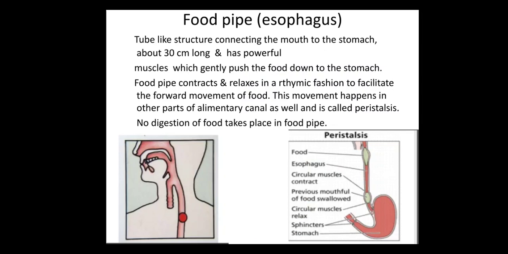This type of movement happens in the other parts of the alimentary canal too, and this movement is called peristalsis. Remember, no digestion process takes place in food pipe. It is just a connecting part of buccal cavity with stomach.